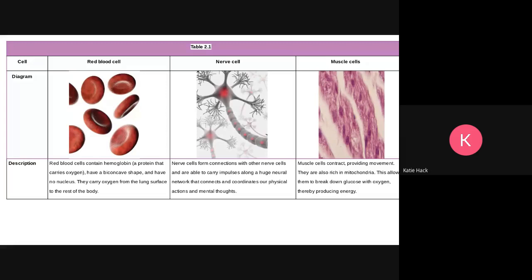Your nerve cells will form connections with other nerve cells, and they're going to carry impulses along this network that will give information to different parts of the body. Your muscle cells contract to provide movement. They're also going to be very rich in mitochondria, and that's going to allow them to break down glucose with oxygen, which produces energy.